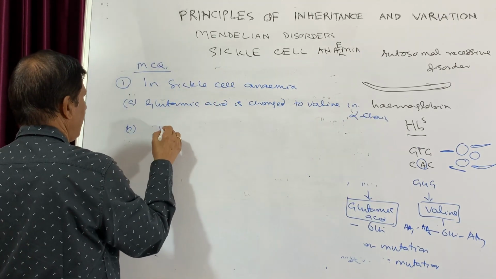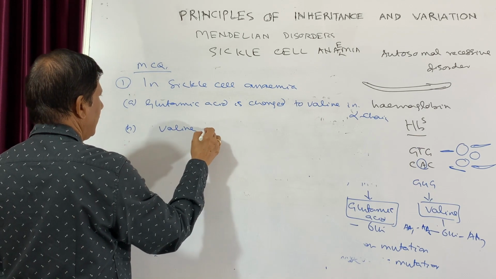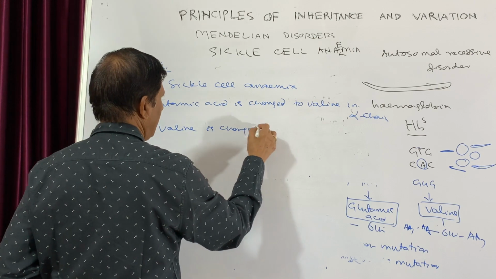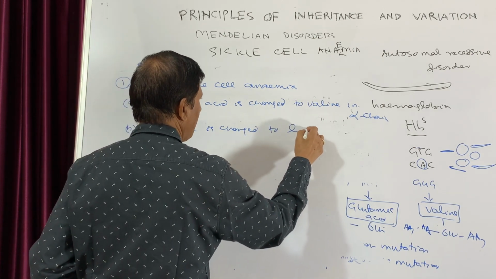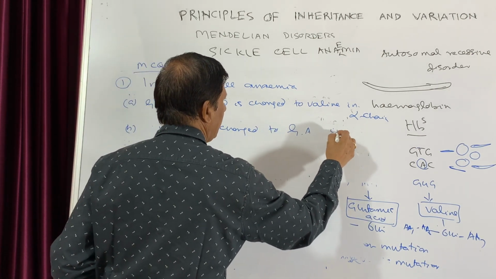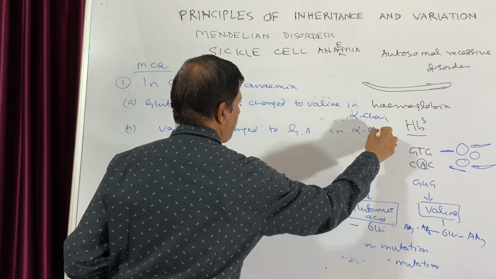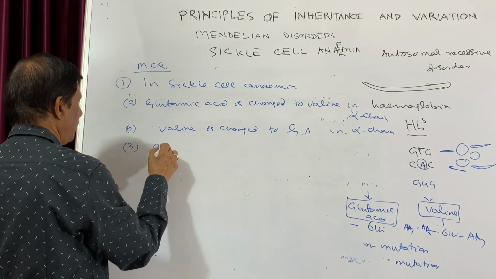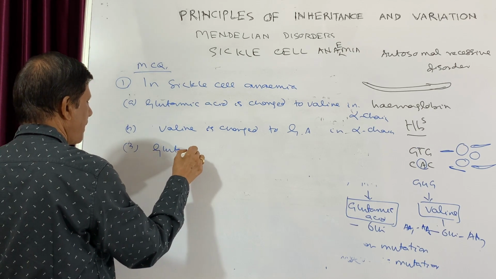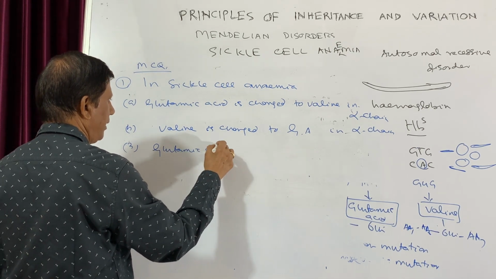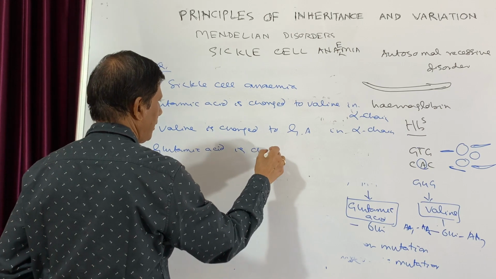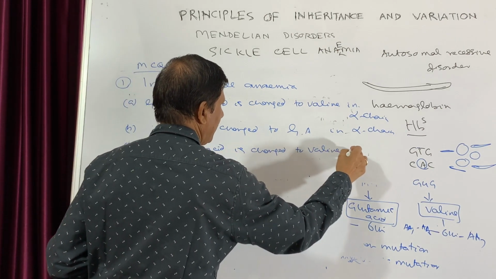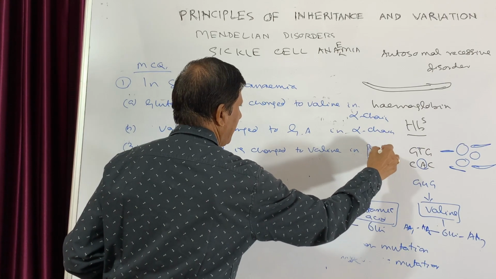Second choice, valine is changed to glutamic acid in alpha chain. Third choice, glutamic acid is changed to valine in beta chain.